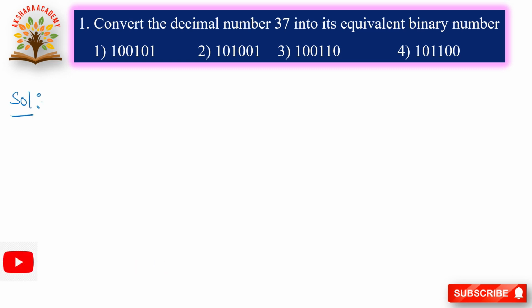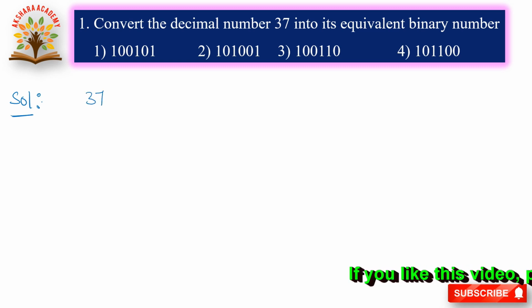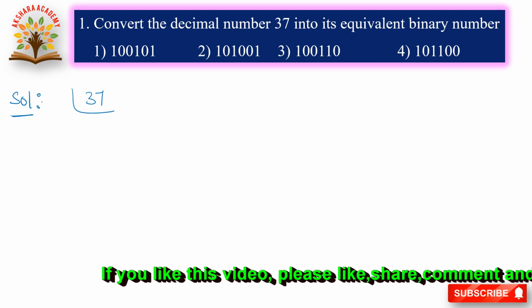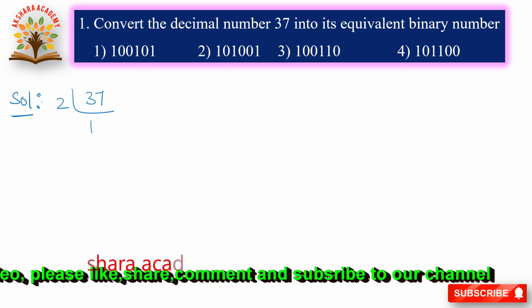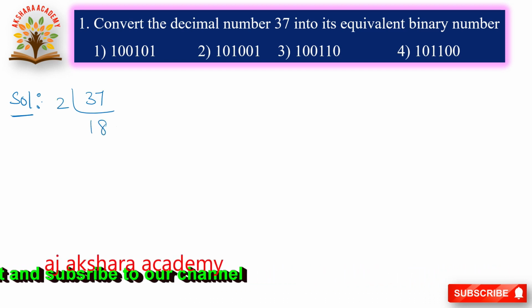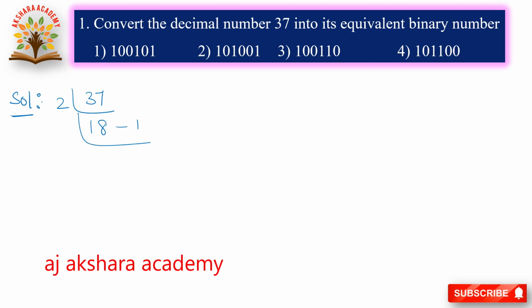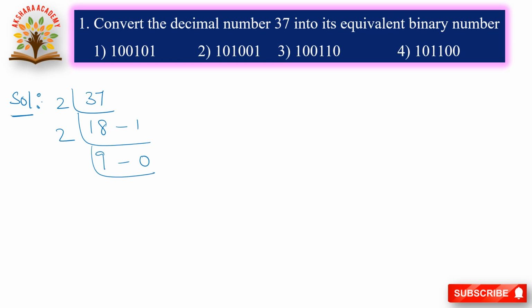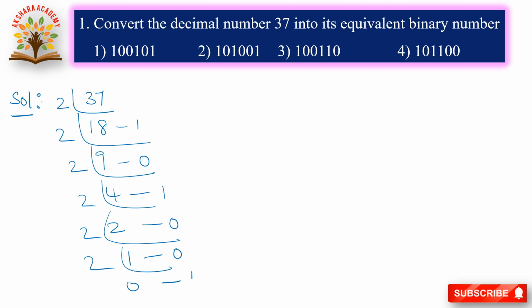Now we are converting the decimal number 37. See here, dividing by 2: 2 18s are 36 and remainder 1; again 2 9s are 18, remainder is 0; then 2 4s are 8, remainder 1; 2 2s are 4, remainder 0; 2 1s are 2, remainder 0; and 2 0 is 0, remainder 1.